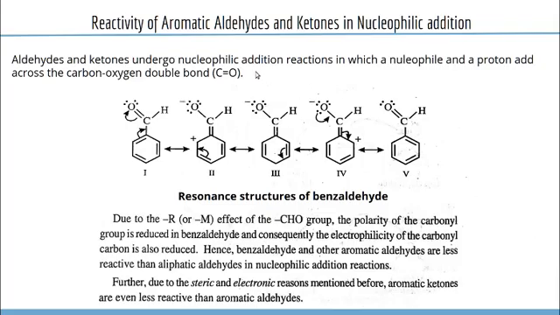So far we discussed the reactivity of aliphatic aldehydes and ketones towards nucleophilic addition reaction. Now let us know about the reactivity of aromatic aldehydes and ketones in nucleophilic addition. Aldehydes and ketones undergo nucleophilic addition reactions in which a nucleophile and a proton add across the carbon-oxygen double bond.